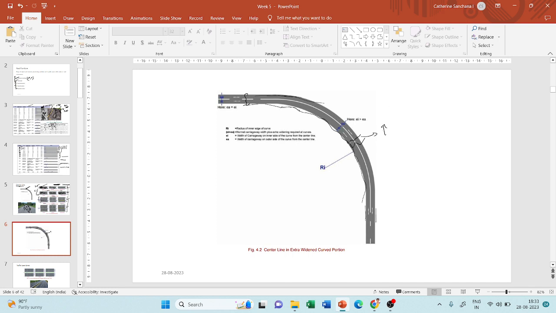There are two reasons for providing this widening, which we will see in later classes when we design horizontal curves. One is the mechanical widening and one is the psychological widening.